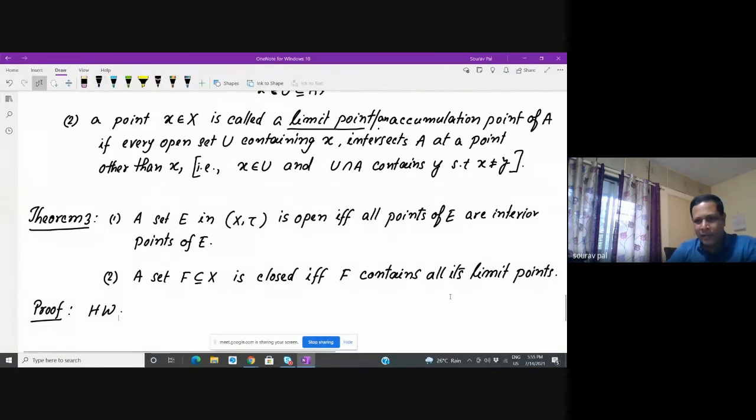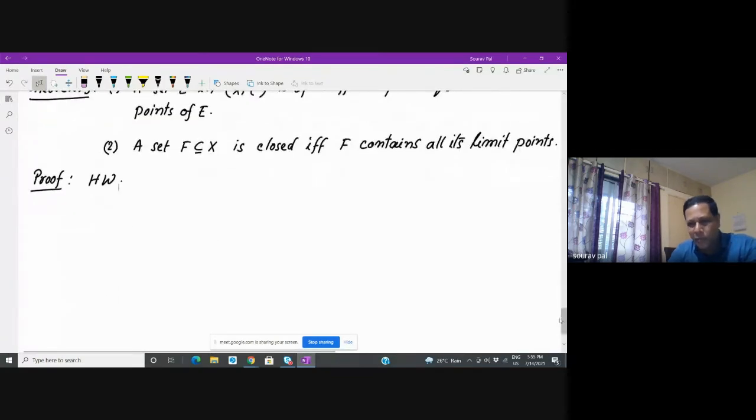Yeah. So now I am going to give you some examples, and I'm going to ask you what are open sets, what are closed sets, and what is an interior point. If you just have your prior knowledge of real analysis, you choose X to be the real line and tau to be the Euclidean topology.